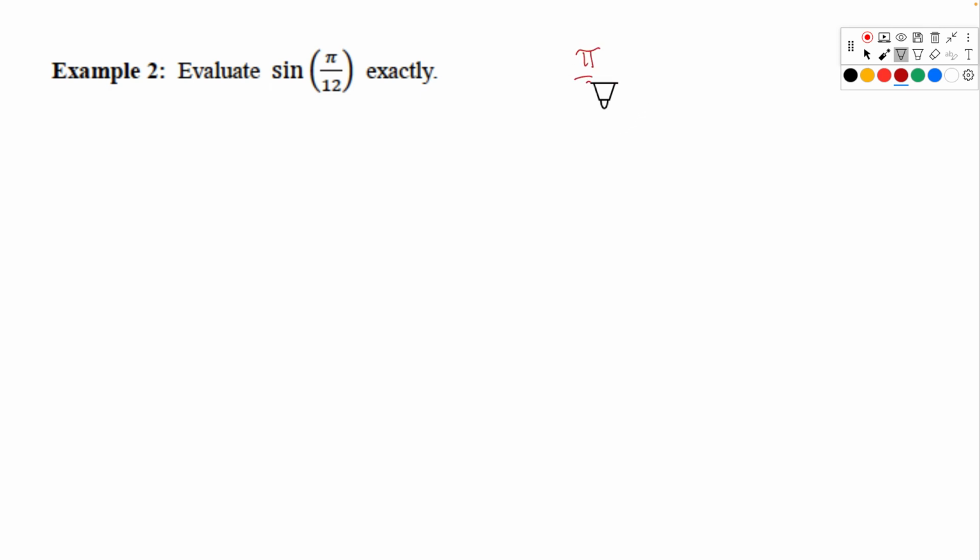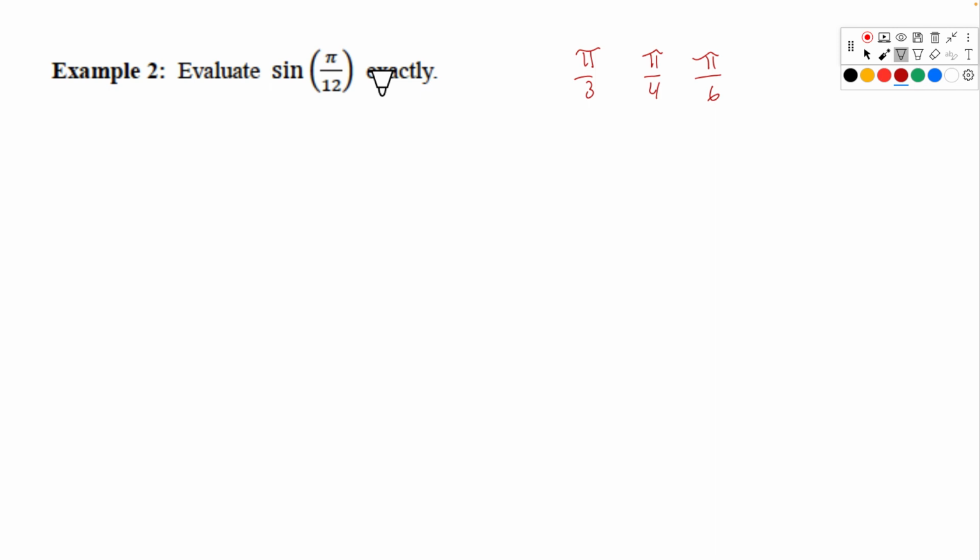Well, we've got pi over 3, we've got pi over 4, and we've got pi over 6. So how are we going to get to pi over 12? First of all, are we going to add some angles or subtract some angles? We got a small angle. How do you get small angles from bigger angles? You got to subtract.